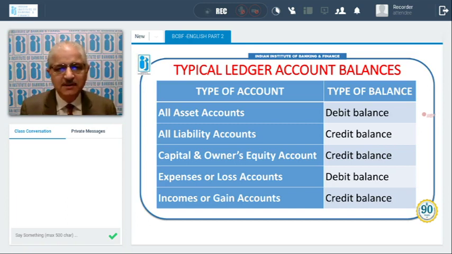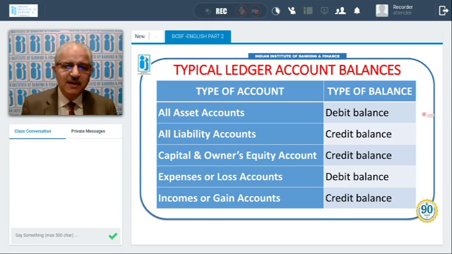These are my assets, so they will always have a debit balance. For example, when I buy furniture, I debit the furniture account and credit cash. So the furniture account will always be a debit balance. The same rule applies in the case of all assets.